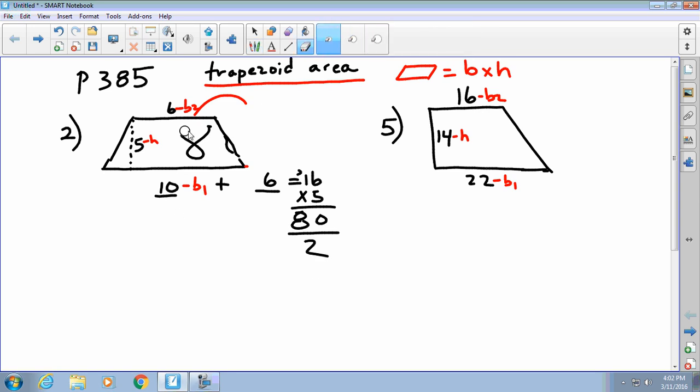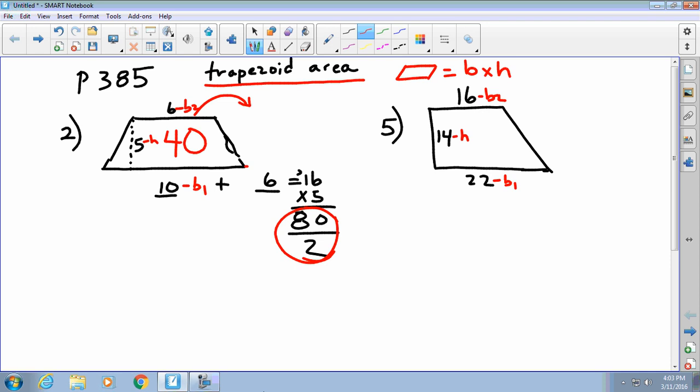And if we take 80 and divide it by 2, we know the area of this trapezoid is going to be 40. So we find it by flipping the trapezoid on its end, and then we can find it as a parallelogram. And then if we take 80 and divide it by 2, we will get the area for that trapezoid to be 40.